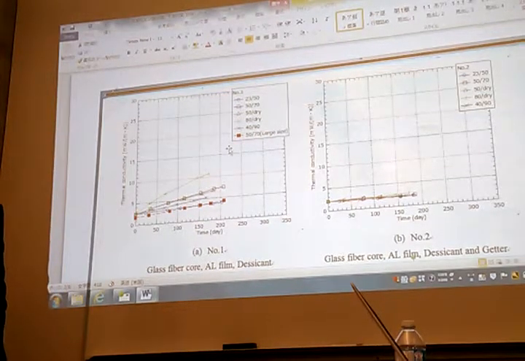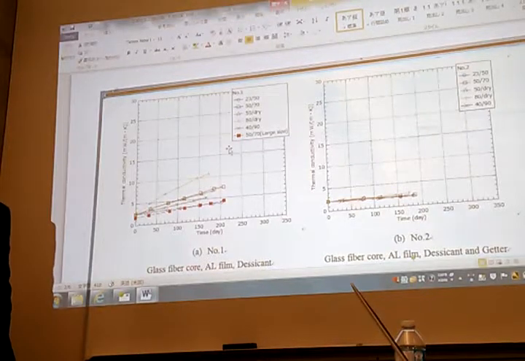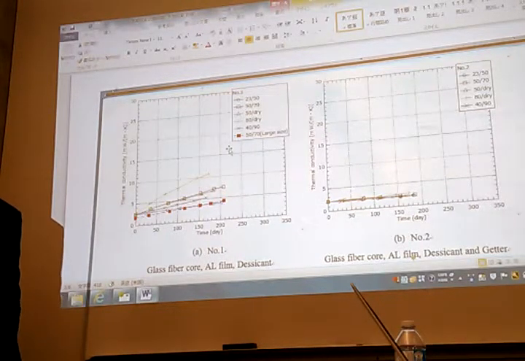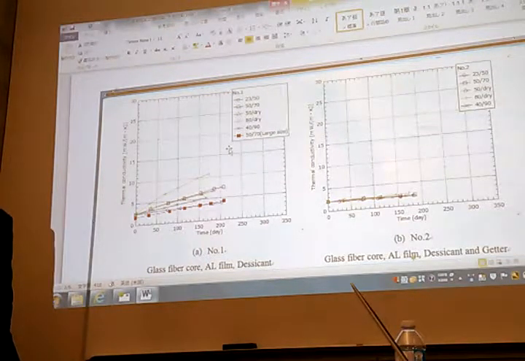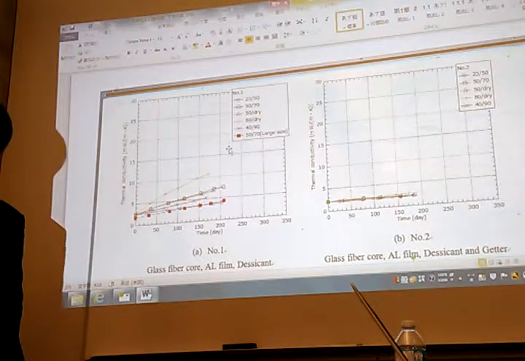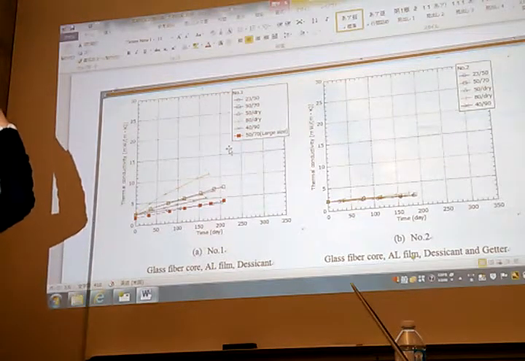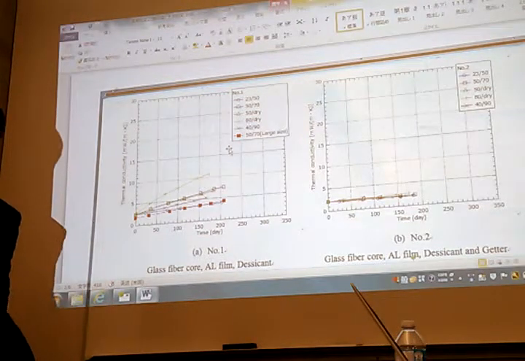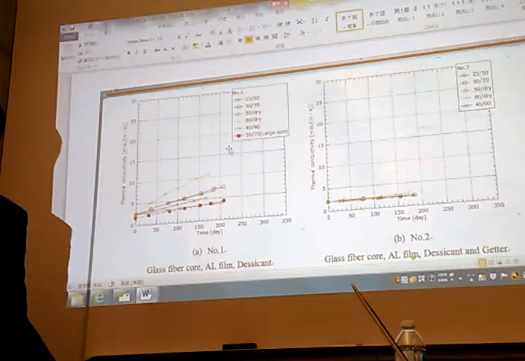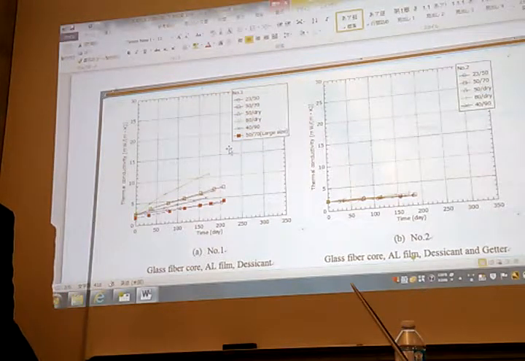The effectiveness of the getter changes as it absorbs more and more gas or vapor molecules, isn't it? Both for the getter and desiccant, the effectiveness changes as it absorbs more and more particles.